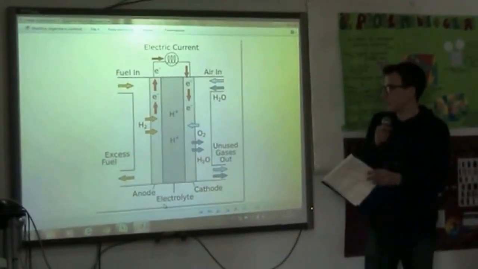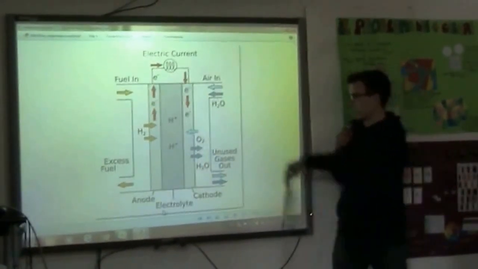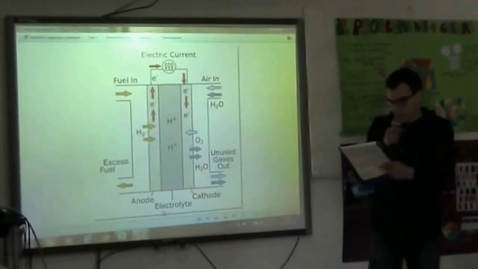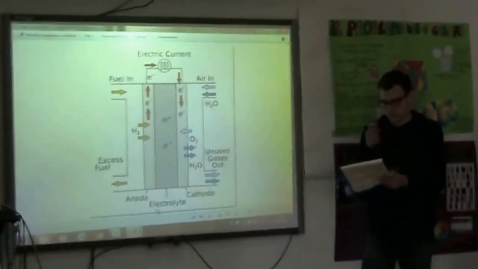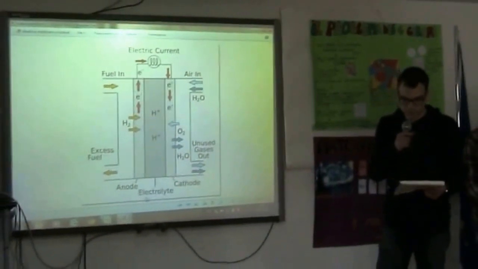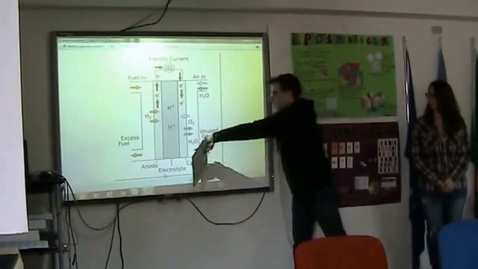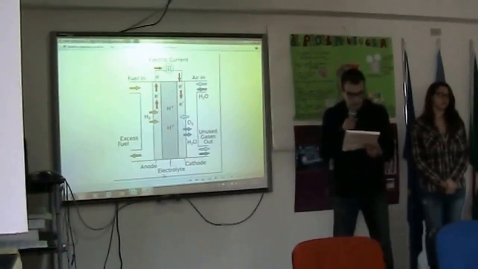A catalyst oxidizes hydrogen, turning the fuel into positive ions, charged in the electrolyte, and negative electrons. The electrolyte is a substance specifically designed so ions can pass through it and arrive at the cathode, but the electrons cannot.